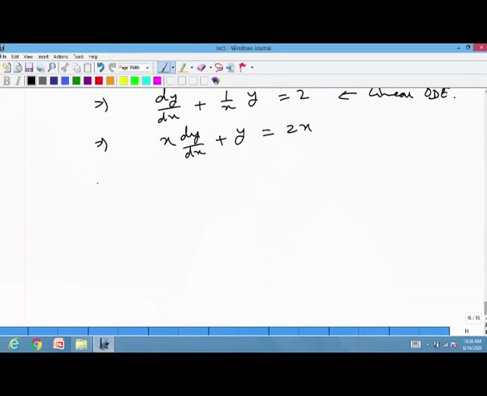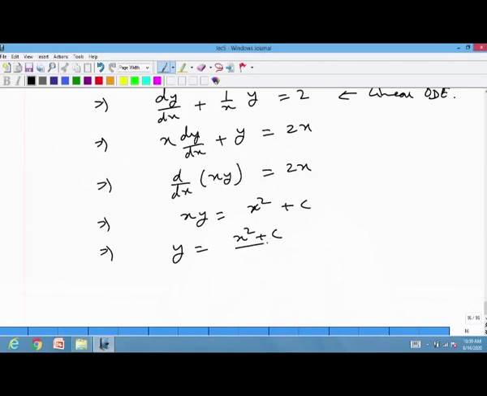and now you can clearly see that left hand side is nothing but the derivative d by dx of x times y, equal to 2x. Then by integrating this we get x times y equal to x square plus c, which implies y is equal to x square plus c divided by x. So, this can be written as x plus c by x. So, f of x is given by x plus c by x.